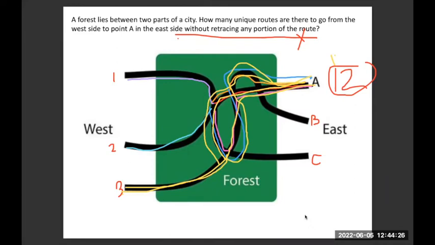If we consider the without retracing part, the answer will be 1, because this last part is the one where you will always be tracing the route. You will always be walking on that path, irrespective of which path you follow, first, second, or third. So with the no-retracing condition, the answer will be 1. But if I ignore that condition, then the answer will be 12.